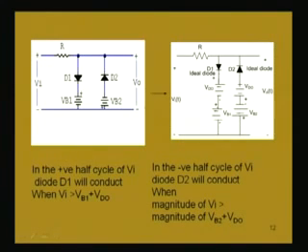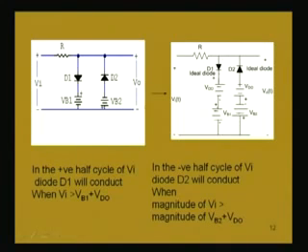So, the negative half of the input cycle will be such that whenever this potential is higher than VB2 plus VD naught, but with a negative sign because we are considering the negative half cycle, the magnitude of this Vi must be higher than the magnitude of this total voltage.